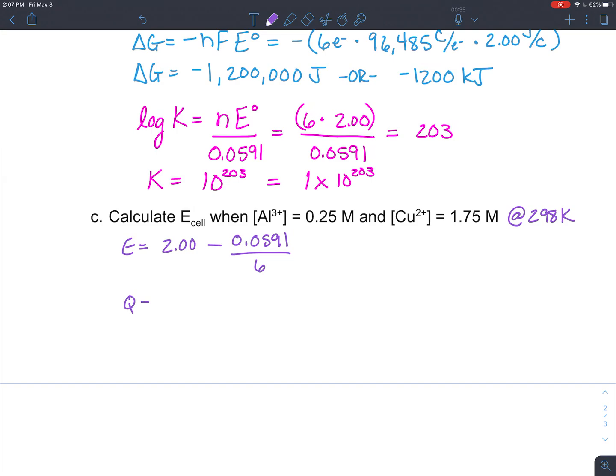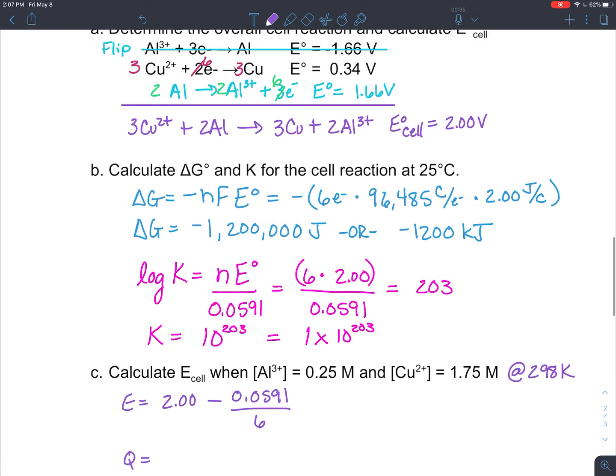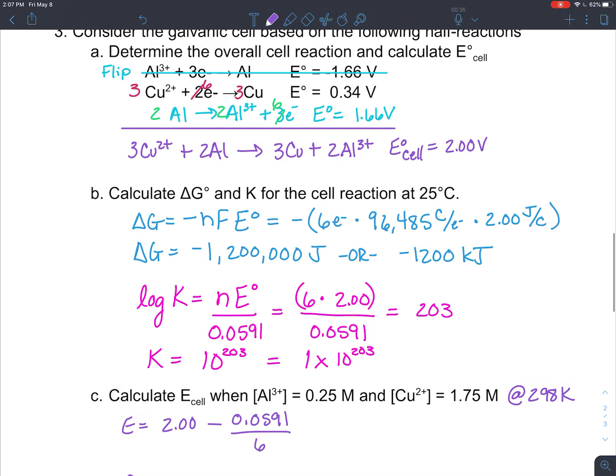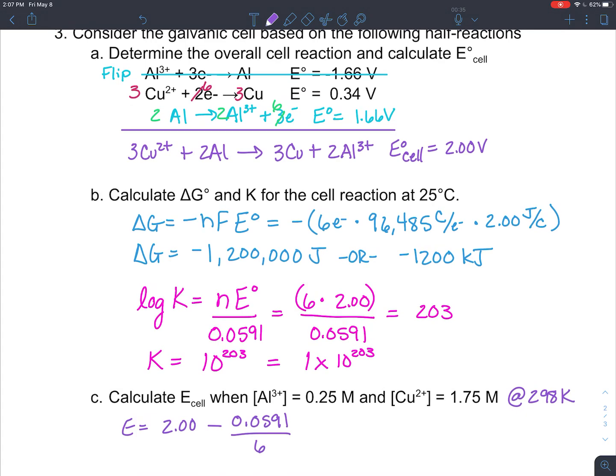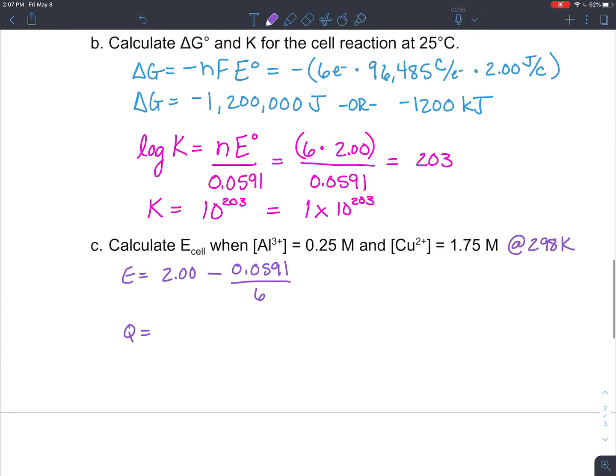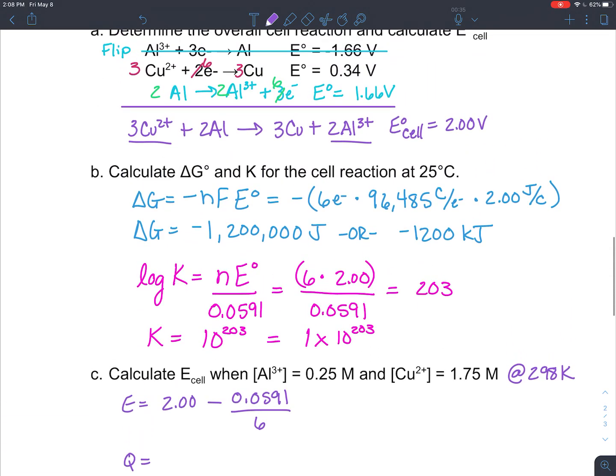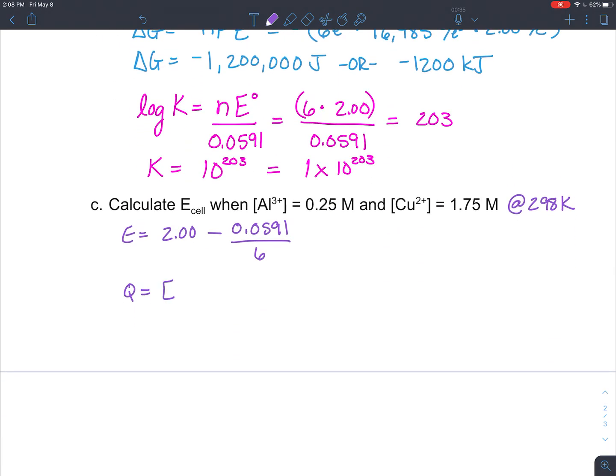Okay, so in order to find the log of Q, we need to go back to our equation and go, all right, it's going to be products over reactants. So in this particular case, the products are going to be Al3 plus, and the reactants are going to be the Cu2 plus. And so we have to then also use our coefficients. So that means it's going to be the concentration of Al3 plus squared, that's that coefficient, over Cu2 plus cubed.